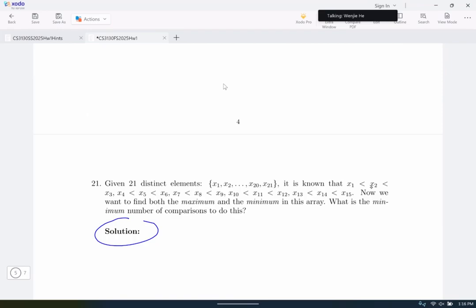Probably I need to remind you, because you already forgot. When you see the word solution, do you feel you should do more work? You put more work on it.